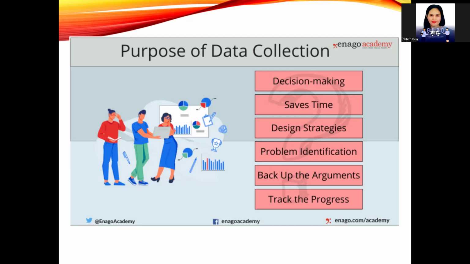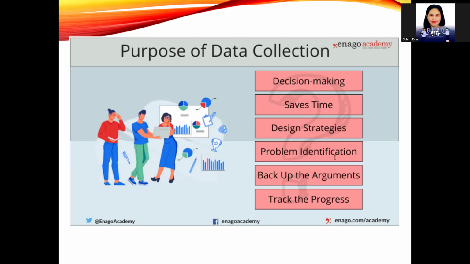For example, the entrepreneur who wanted to improve his or her product, upon examination of the data he or she gathered, can design strategies to further improve the product and to increase the sales.